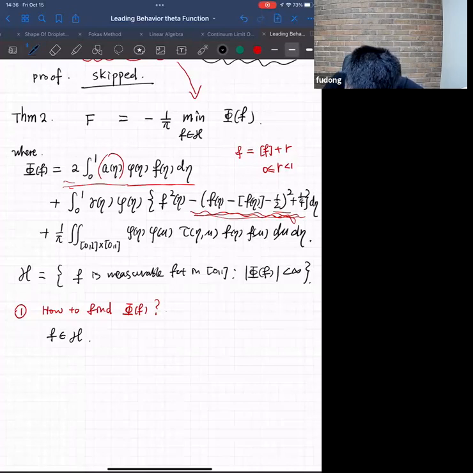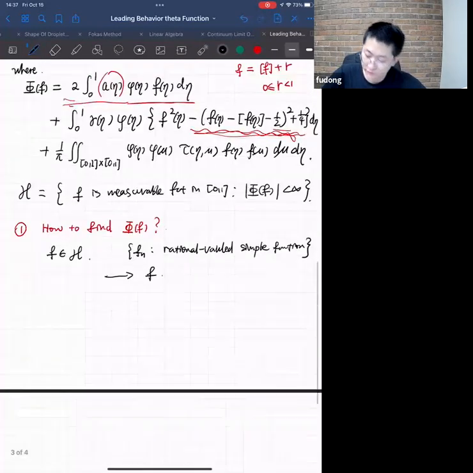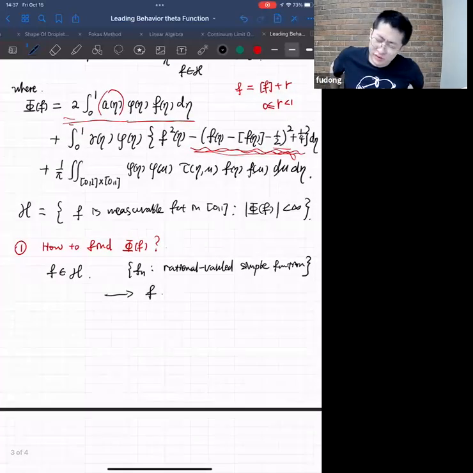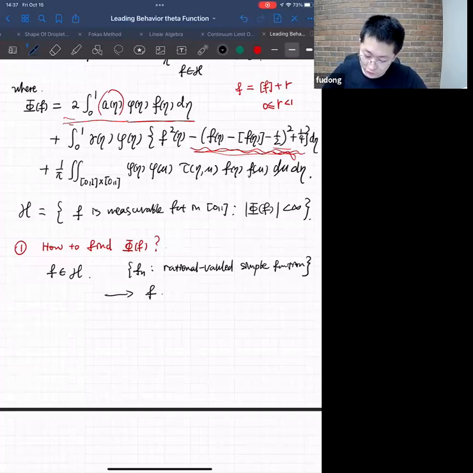So rational valued functions converge to this. Simple function, I mean the piecewise continuous, piecewise function.